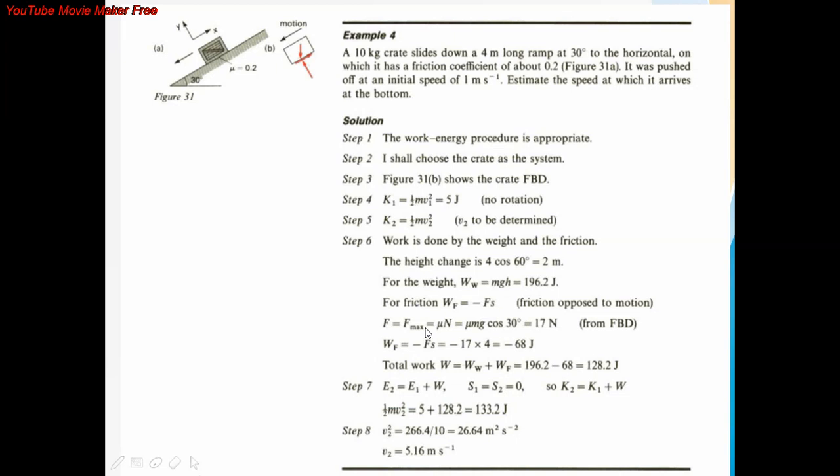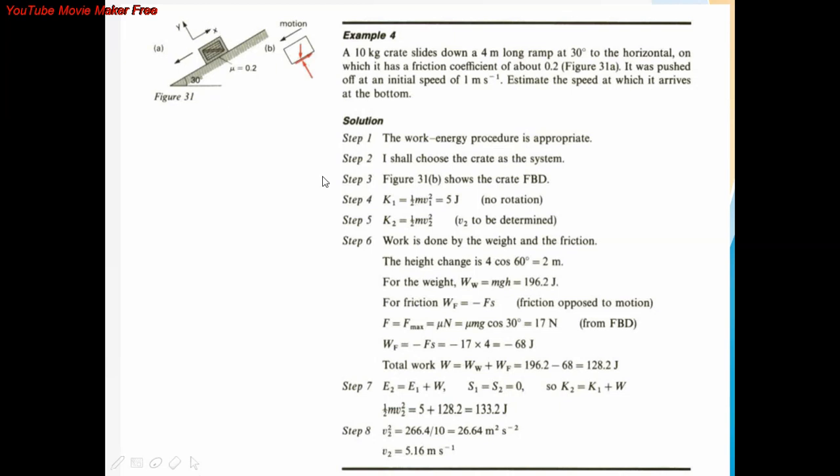Frictional force is basically mu into N, where mu we know, but N is in the downward direction, and there will be an opposite force mg cos 30 degrees on this side. So N will be equal to mg cos 30 degrees.